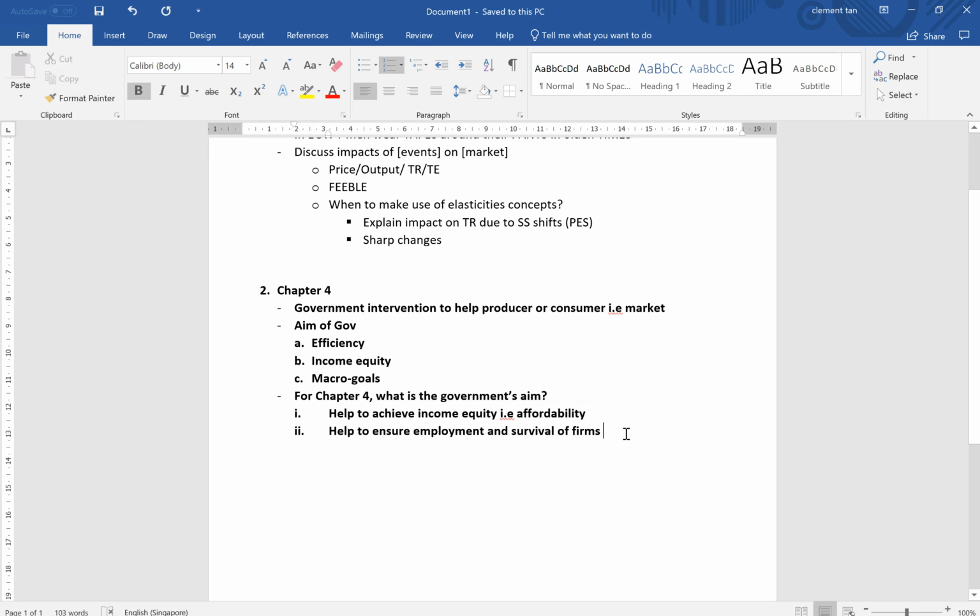So for this chapter, you just remember these two things. For this chapter there are basically 4 forms of government intervention you must know. So what are the 4 forms? A, indirect tax. B, producer subsidy.